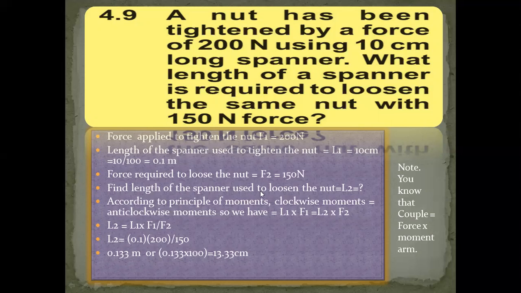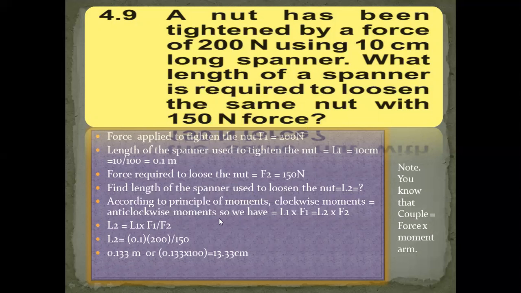So find the length of the spanner used to loosen the nut. That will be your moment arm 2, L2, and the force to loosen the same nut is 150 Newton. So that 150 Newton is force 2. Now it's so simple. You just have to write the formula of the principle of moments, that the clockwise moment is equal to the anti-clockwise moment.